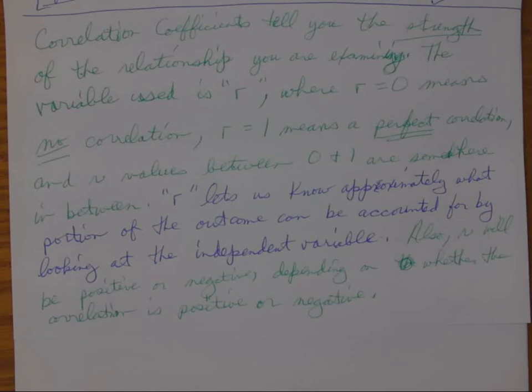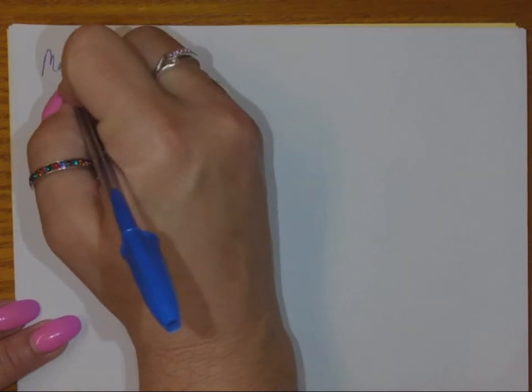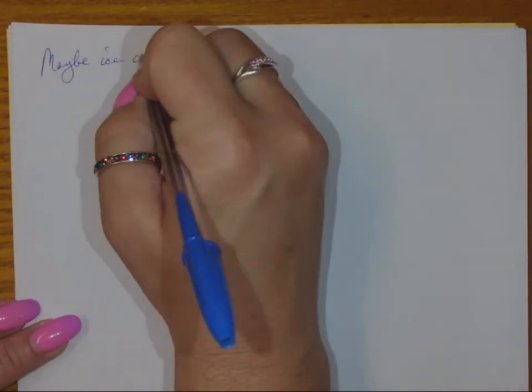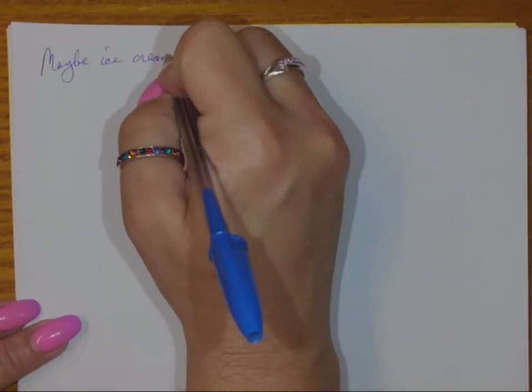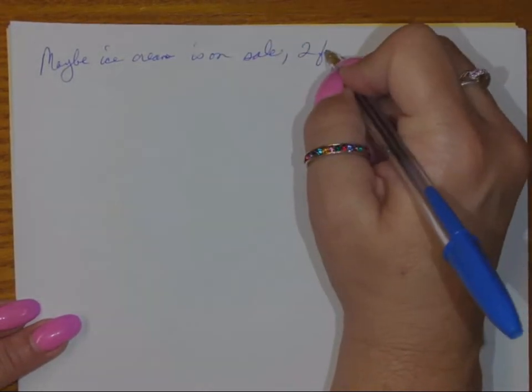Even though I got a positive correlation between temperature and ice cream sales, maybe the ice cream store put it on sale that day. I don't know, maybe ice cream is on sale, 2 for 1.